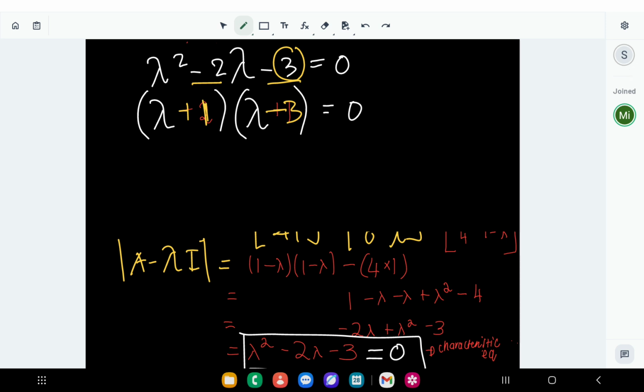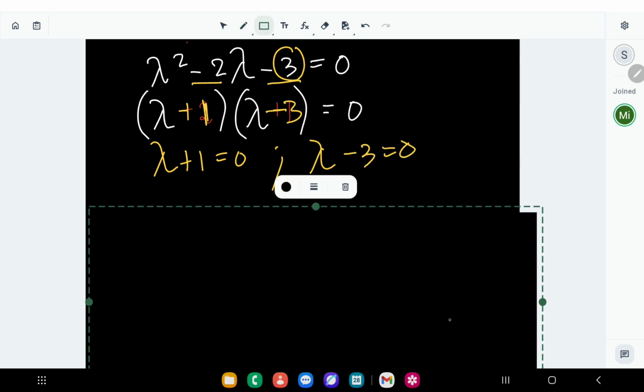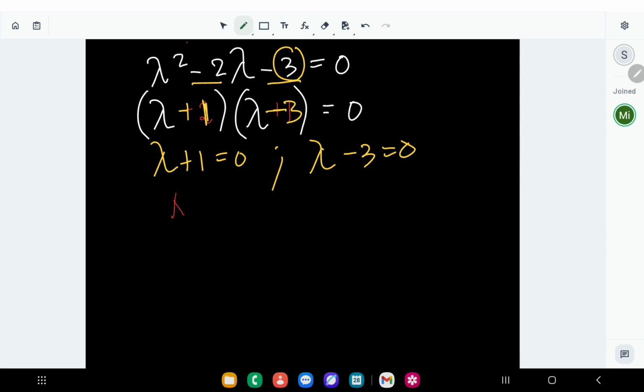Okay, and then you equate each of the factors to 0. Okay, then solve for your eigenvalues. So you have 2 values here. Yeah. So we have 2 eigenvalues.